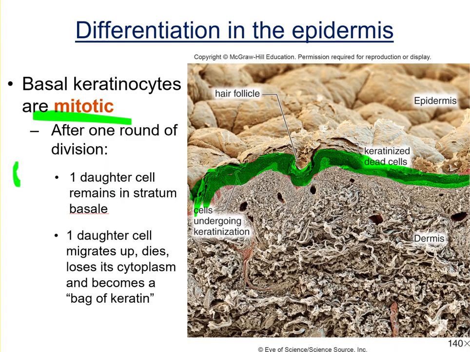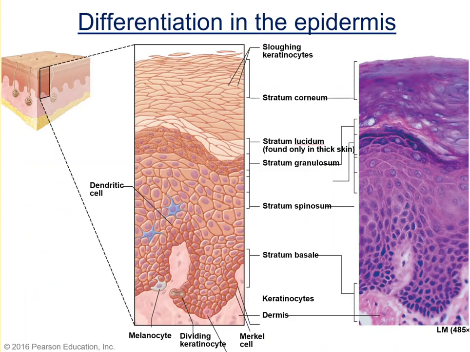So one daughter cell remains in the stratum basale. One daughter cell will migrate up through the different layers until it reaches the tippity topmost layer, that stratum corneum. And when it reaches the tippity topmost layer, it's already dead by then. And that is what is known as a bag of keratin, because it is dead by the time it reaches that.